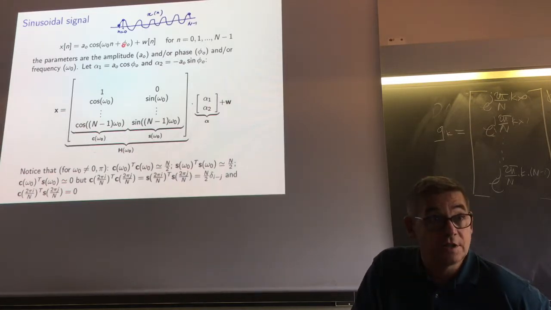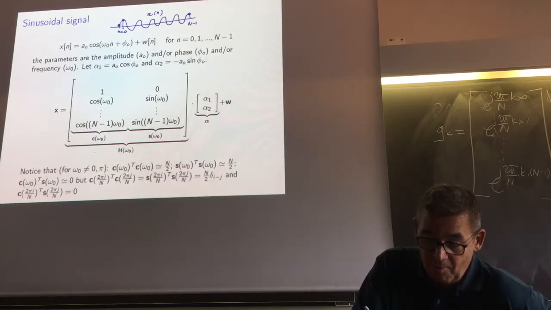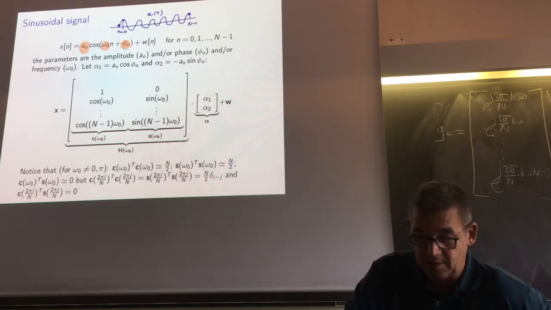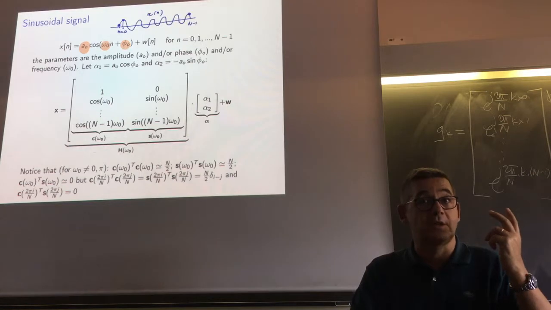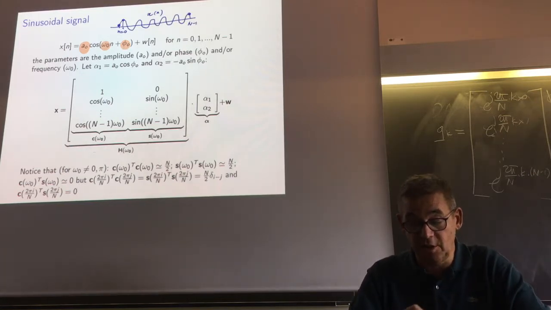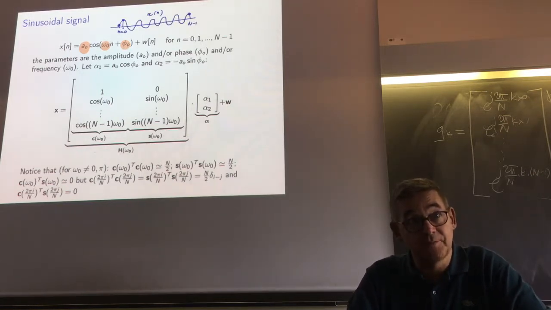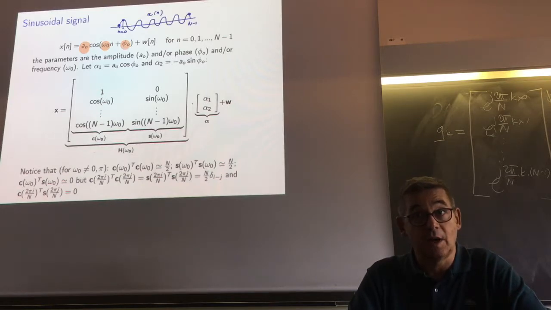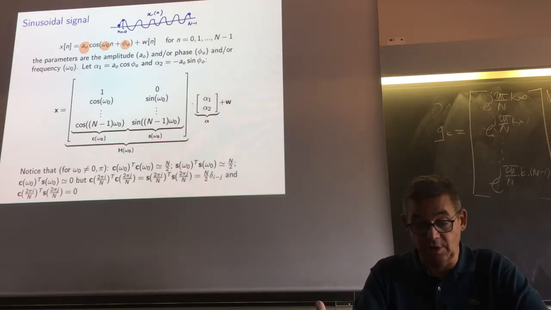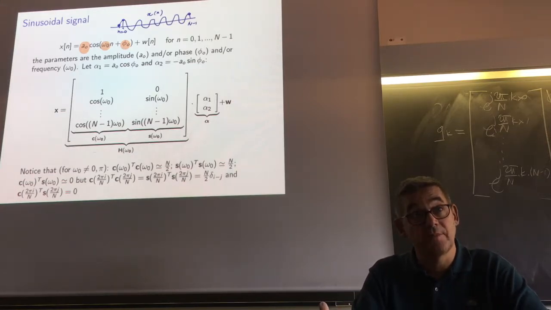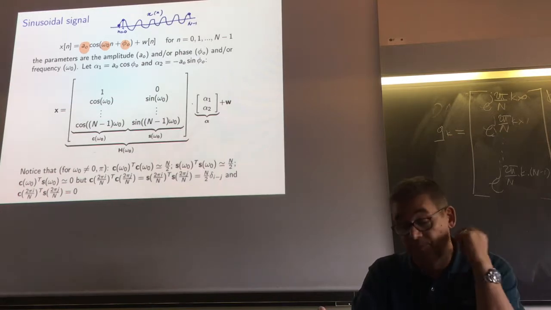Phi 0 is the phase, plus noise. So my parameters are this, this, and that. So 3 numbers fully describe the sinusoid: the amplitude, the phase, and the frequency. So I have three parameters.